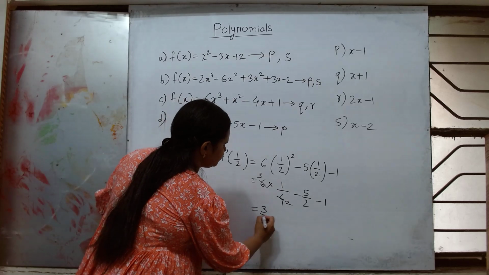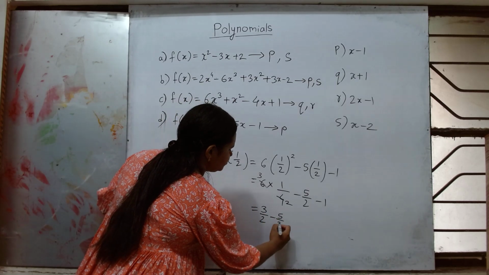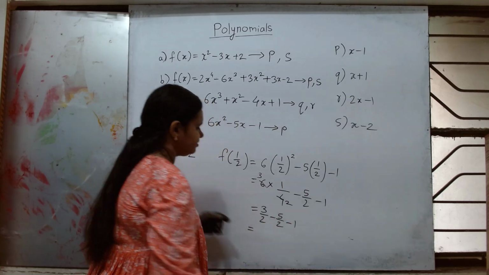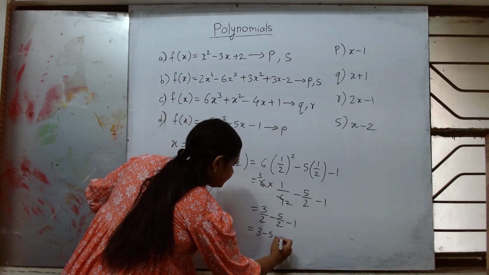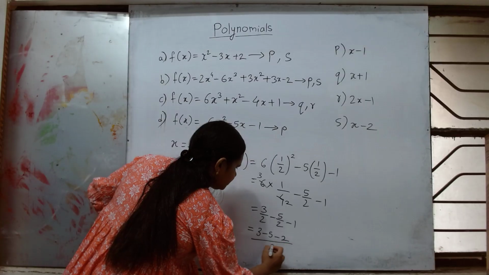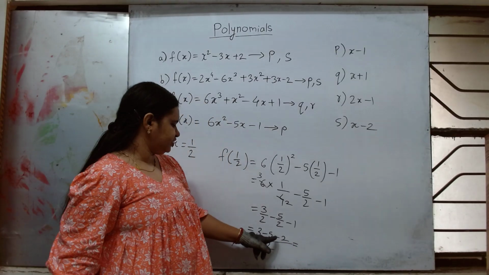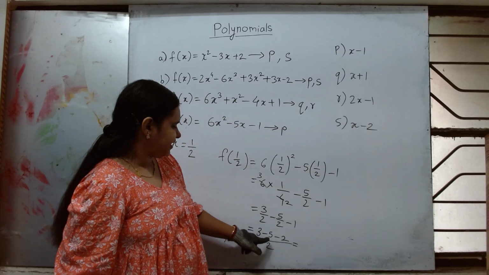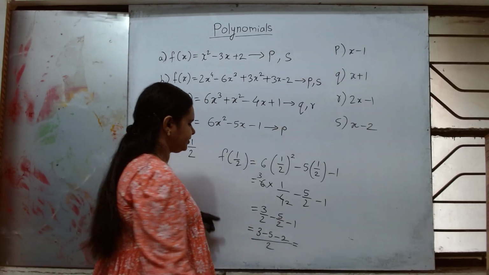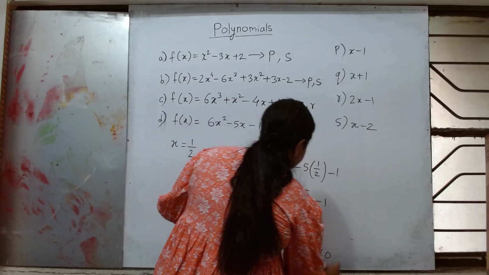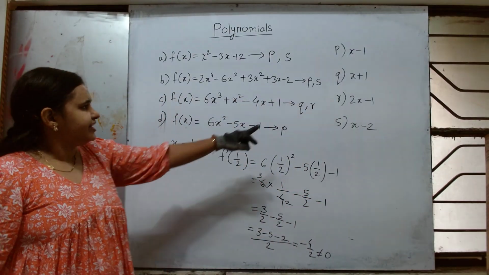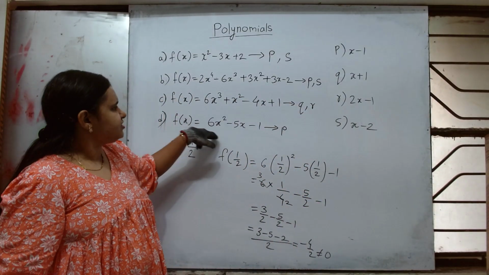It is 3 by 2 minus 5 by 2 minus 1. LCM is 2. So it will be 3 minus 5 minus 2 upon 2. 3 minus 5 is minus 2, minus 2 minus 2 is minus 4. So it is not equal to 0. So 2x minus 1 is not a factor of this polynomial.